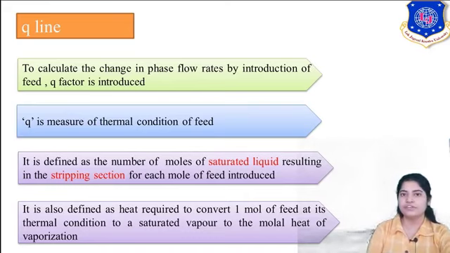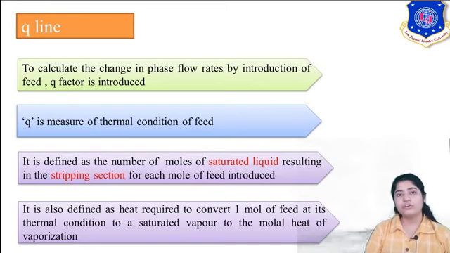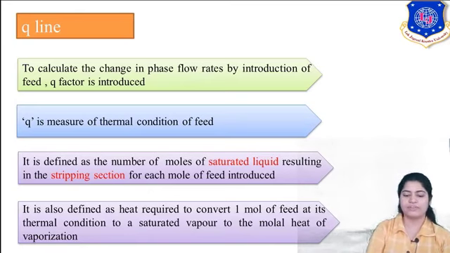The thermal condition of feed might be cold liquid, saturated vapor, whatever thermal condition your feed has. Mole of feed at its own thermal condition, we have to convert it into saturated vapor. So the energy required to convert your feed into saturated vapor upon the molar heat of vaporization, that is again your Q factor.